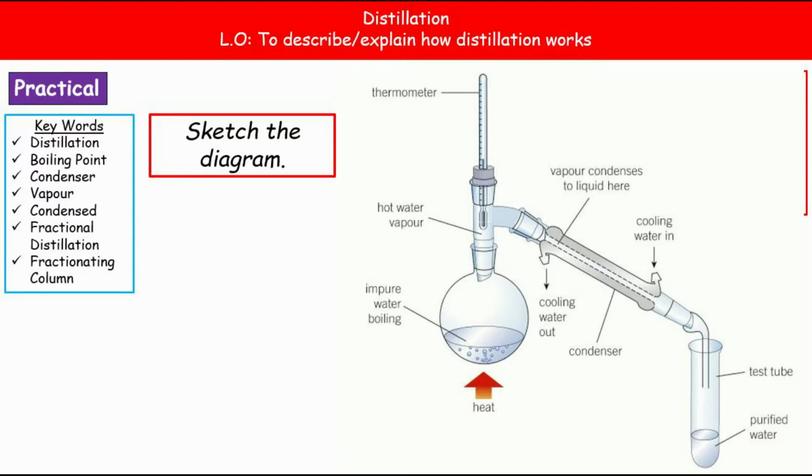So along the very centre, we've got the tube that's going to allow the vapour to go down, and then around that we've got another tube which is going to have the water from our tap flowing along it. And the whole idea there is that it's going to cool down that vapour and cause it to condense. Then the liquid drips out into the test tube at the end.